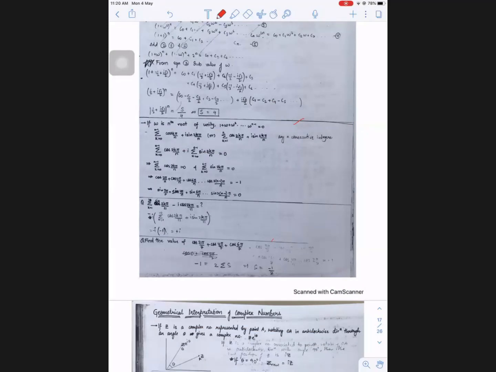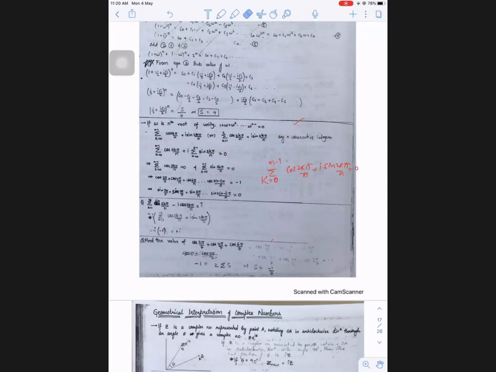And here, one more important point is the sum of n roots of unity. We know that when we write the nth roots of unity, sigma k equal to 0 to n minus 1 of cos 2k pi by n plus i sin 2k pi by n equals 0. Sum of n roots of unity is this.